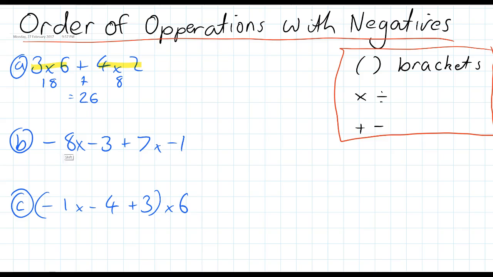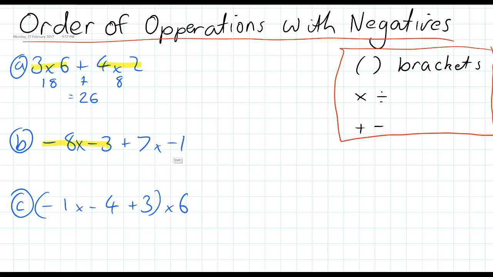Here I've got minus 8 times minus 3. Even though there's negatives in there, the action I'm doing is to times. So I go 8 times 3, then plus. There's no times or divide there. And then 7 times minus 1.